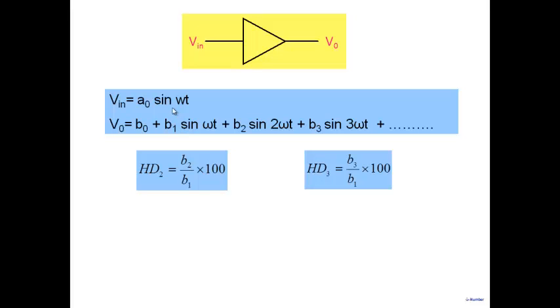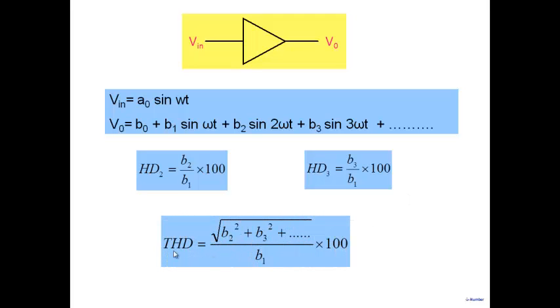Because my signal is at omega, I'm interested in this part, but I'm getting in addition this particular part. So B2 by B1 is a measure of second harmonic distortion. Ideally, I want HD2 to be 0. Similarly, HD3, third harmonic distortion, is B3, the third harmonic, divided by B1, times 100. So like that, we can calculate HD2, HD3, HD4 and so on.